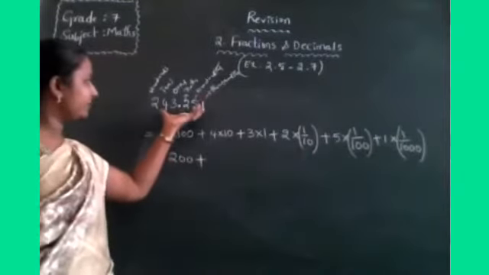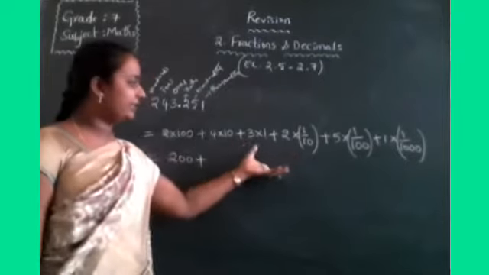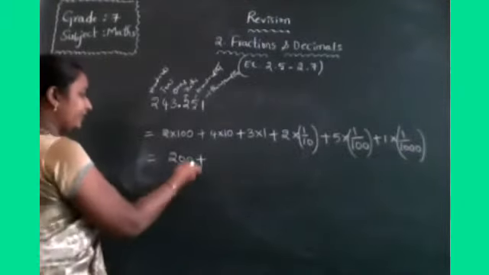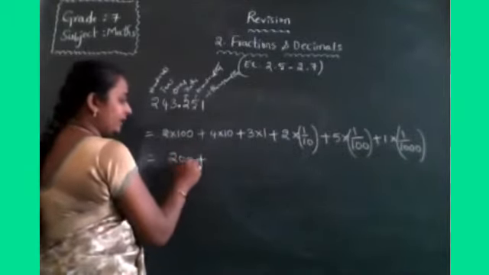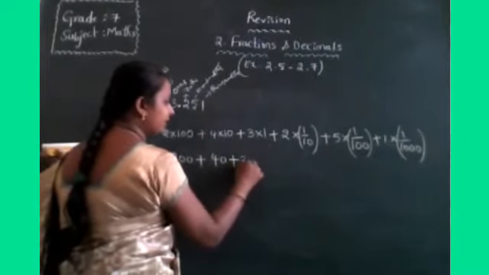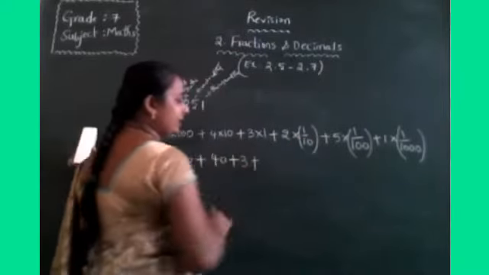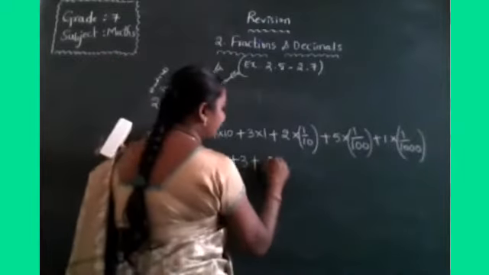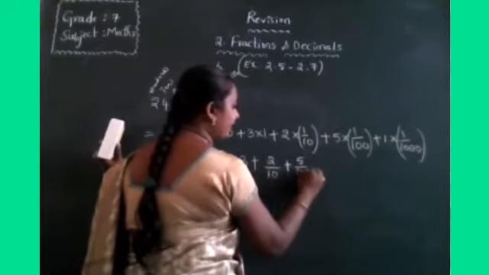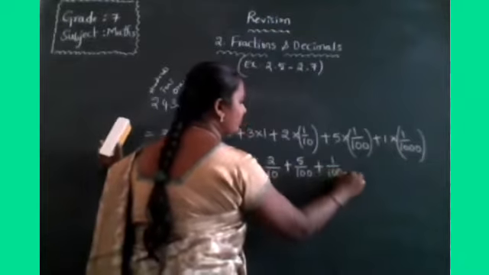So this is the way to expand a decimal number. Now, from expanded form to short form, how to write? I am showing that now. 2 into 100, 200, plus 4 into 10, 40, plus 3 into 1, 3, plus 2 into 1 by 10, that is 2 by 10, 5 into 1 by 100, 5 by 100, 1 into 1 by 1000, 1 by 1000.